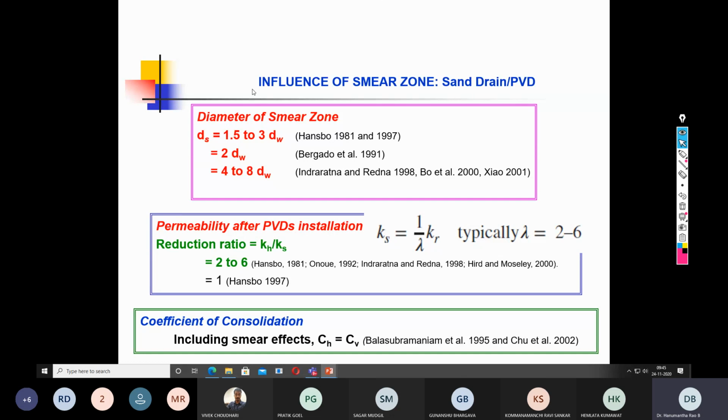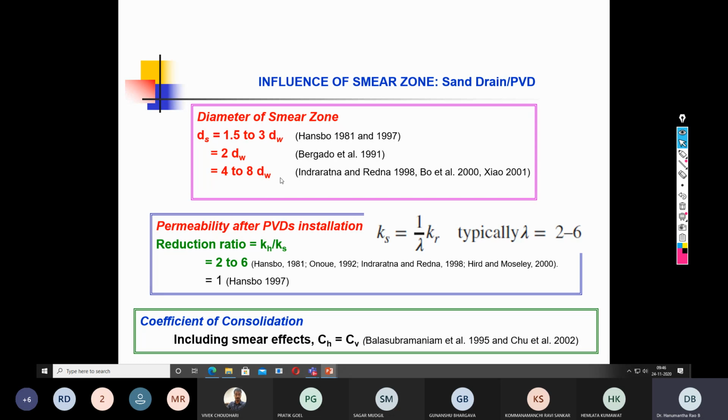So here you can see the diameter of the smear zone. As per Hansbo it is approximately 1.5 to 3 times the diameter of the drain. And Bergado has told it could be up to 2 times DW. And Indraratna and Redana, Bo et al, Zio et al found that it could be up to 4 to 8 times DW.